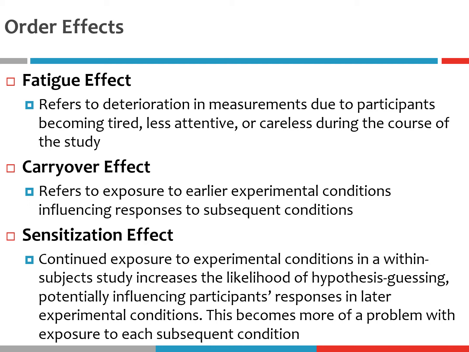So if you balance the order, you will eliminate the fatigue effects. They're going to get tired, but in different orders, so you're not giving the same order to everybody. Some people get tired on one particular level of the variable, and other people get tired on a different level, because you're mixing up the orders.